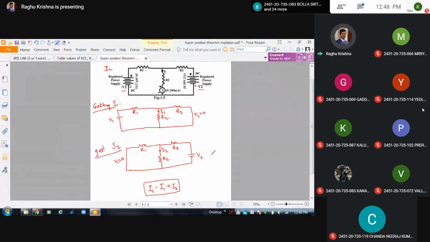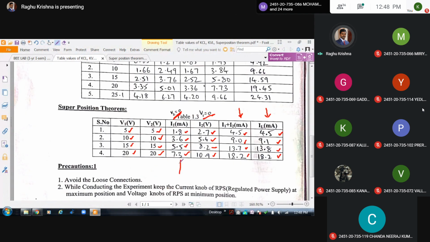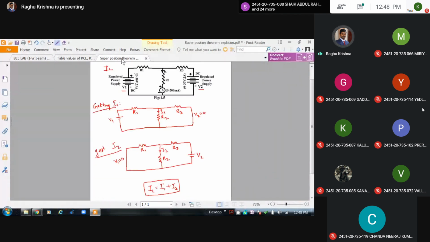For getting this tabular form, these values I got from figure 2. Using figure 2, I got these values.